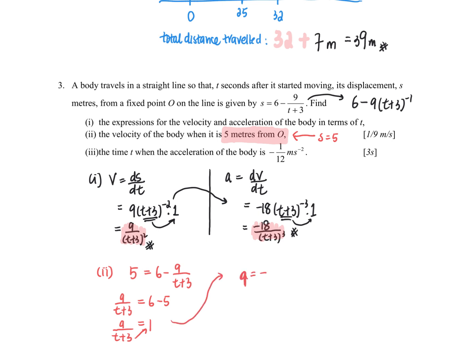Not T, not A. So T is just when it is 6 seconds. So displacement is 5 meters from O, where time is at the 6 second. So they say, can you then find the velocity? So go and sub in T as 6. That's all. So it's really like an understanding question game.